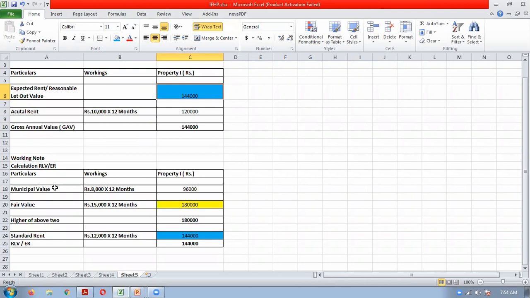This is a case of standard rent: municipal value and fair value, whichever is higher, compare that value with the standard rent. Whichever is lower will become the RLV. RLV and actual rent you compare, and whichever is higher will become the GAV. Clear, everybody?